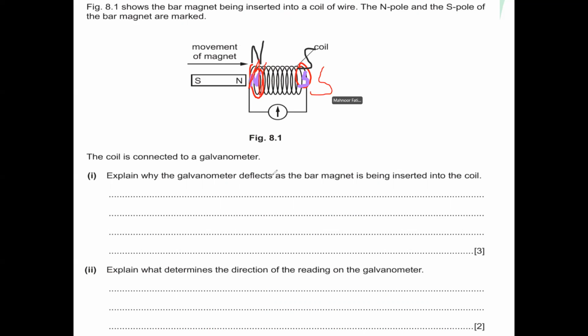Then explain why the galvanometer deflects as a bar magnet is being inserted into a coil. So this is for 3 marks.